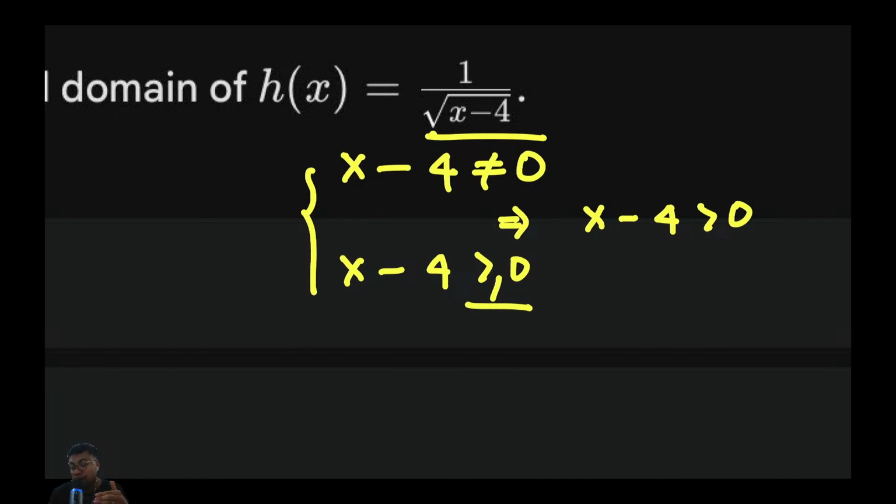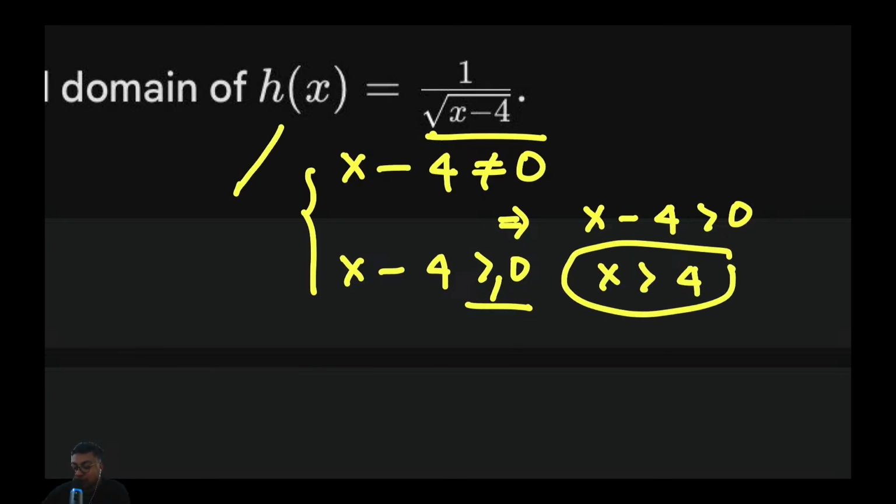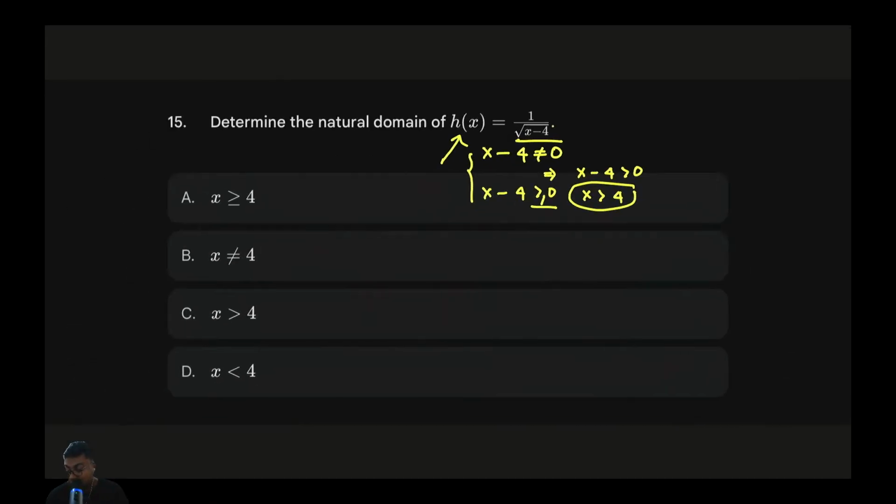But the previous condition says x minus 4 is already non-zero, so we have to eliminate the 0. So it has to be greater than 0 only. So x is greater than 4, right? That means the function is defined if x is greater than 4. So our answer is C.